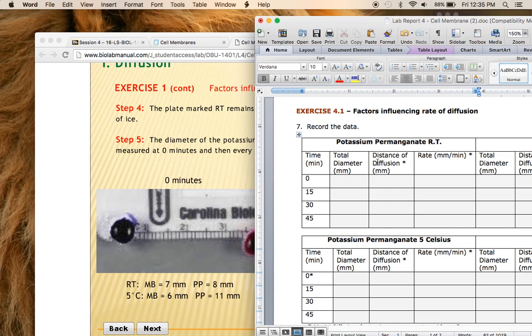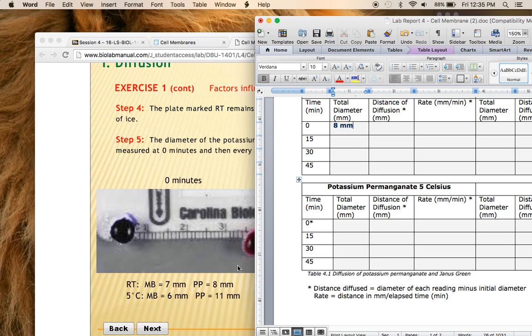let's do it like this. Okay, so this is potassium at room temperature, time 0 minutes. So room temperature, potassium, 0 minutes. The diameter is 8 millimeters. The 5 degrees Celsius, potassium 11 millimeters is the total diameter. Okay.